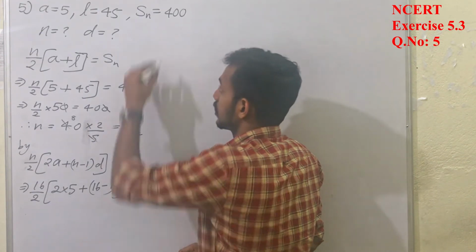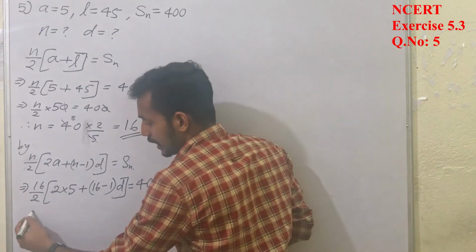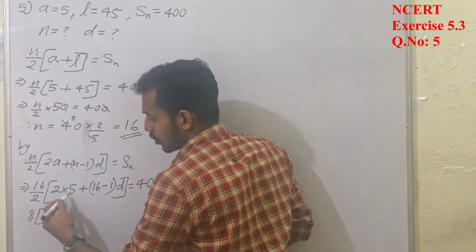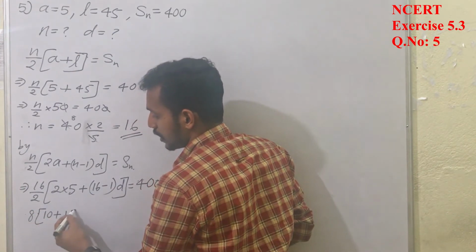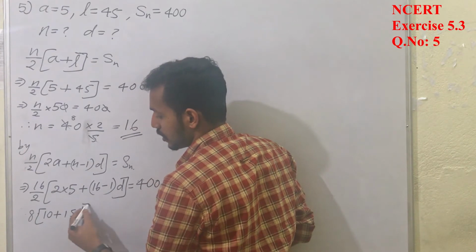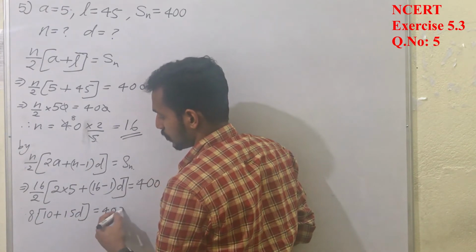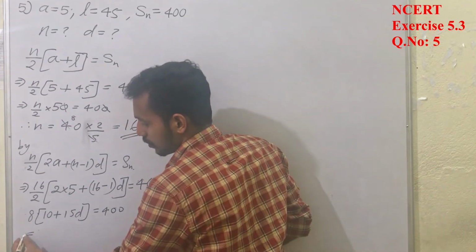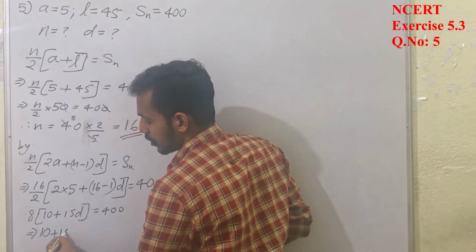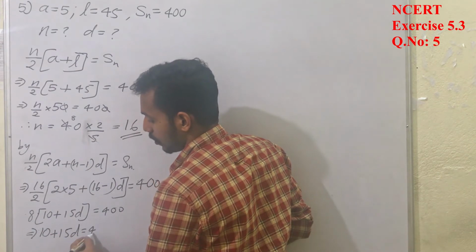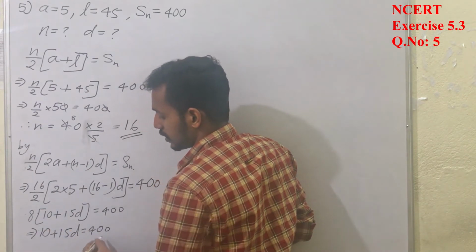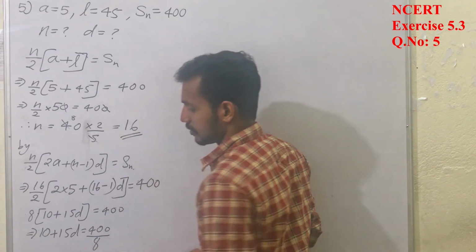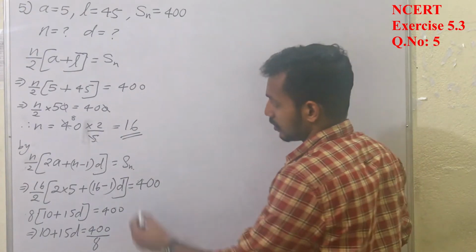Same value we can put here. Now 8 into 2 into 5, 10 plus 15d, 16 minus 1 into d is 15d is equal to 400. Then this 8 taken into here, so it will be, that implies 10 plus 15d is equal to 400 divided by 8. Clear?